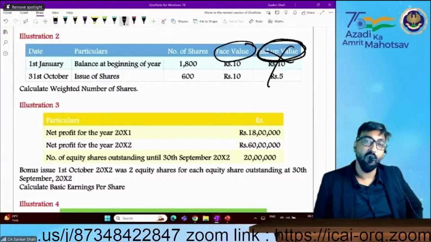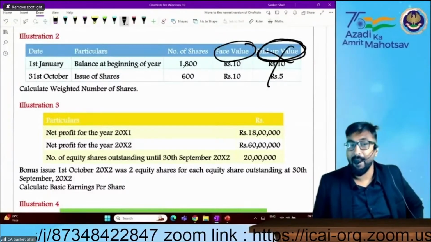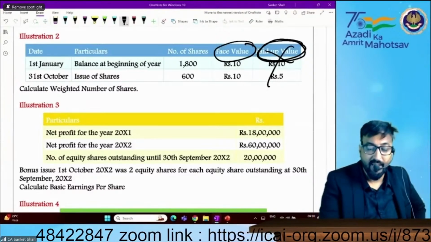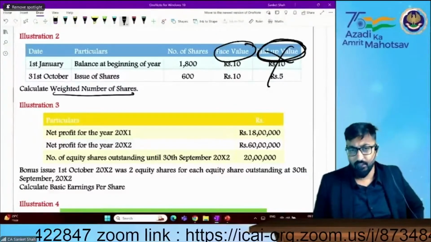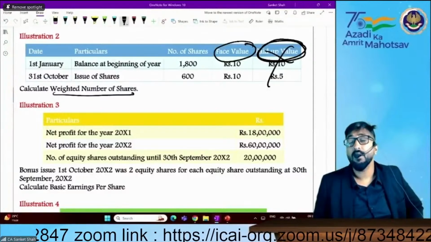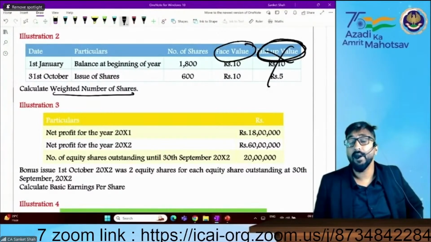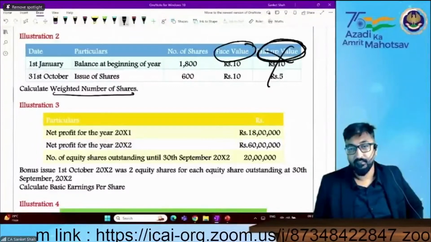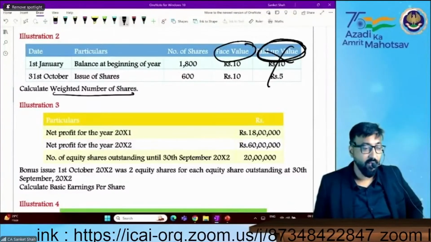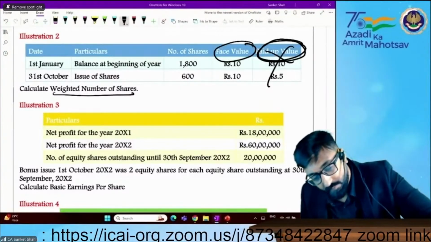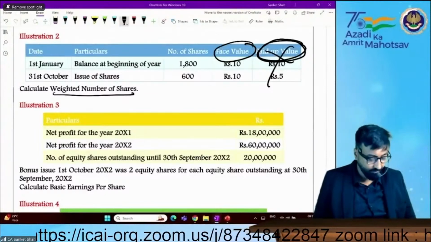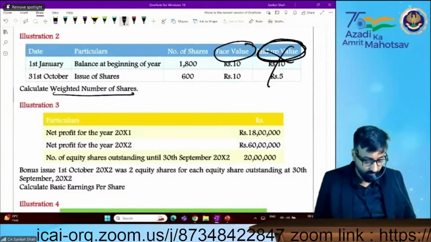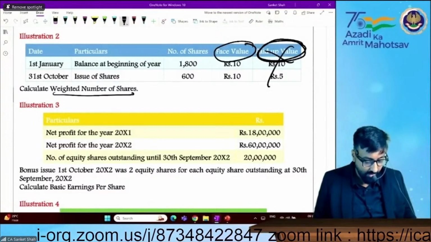If you go with the same approach up to 31st December, go by any approach, cumulative or individual, but tell me the answer. Come on, tell me the answer. Sir, 1900 shares.